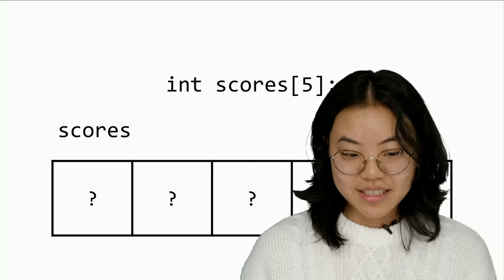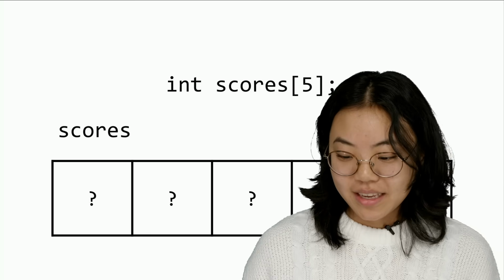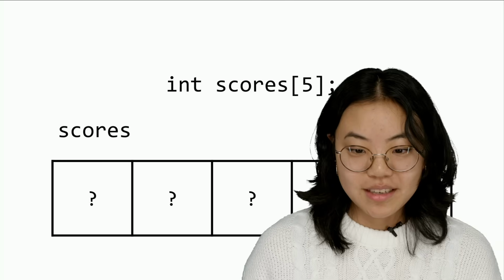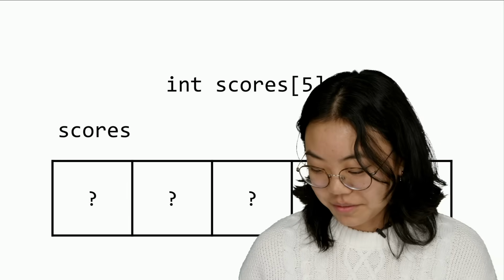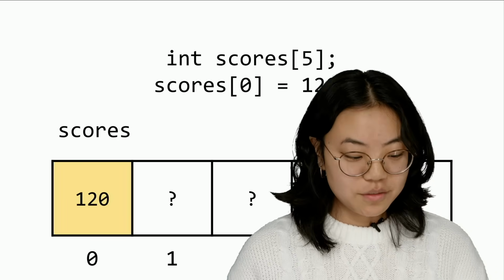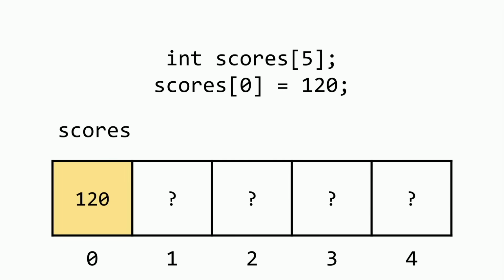We don't have any values in it. How might I update this with, say, our first score, our highest score? So that might look something like this, right? So arrays are 0 indexed, meaning that the first thing in the array we call index 0, and then index 1, 2, 3, 4, and so on.